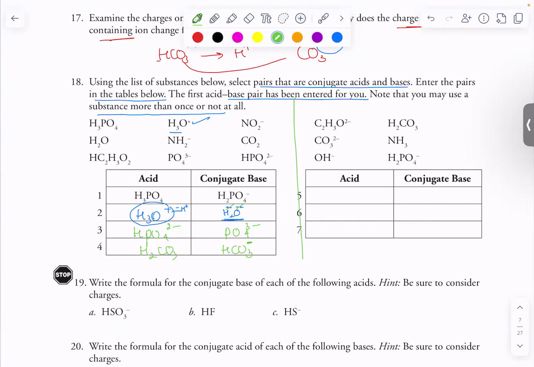Okay, we can do CO3 2 minus, which is a conjugate base. You want me to write it here? Yes. And then the acid for that would be HCO3 minus. Right.